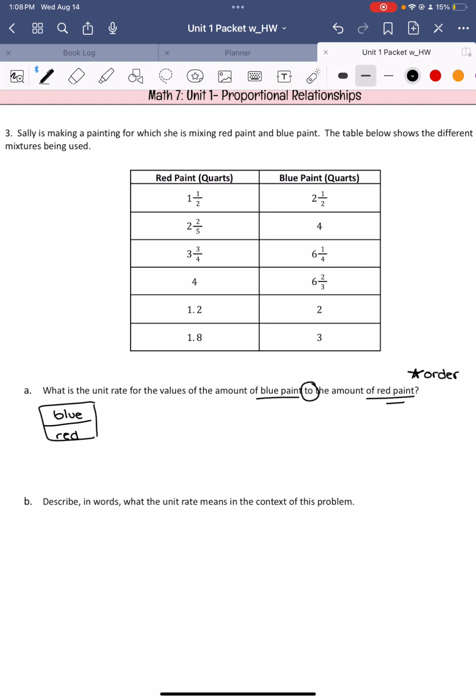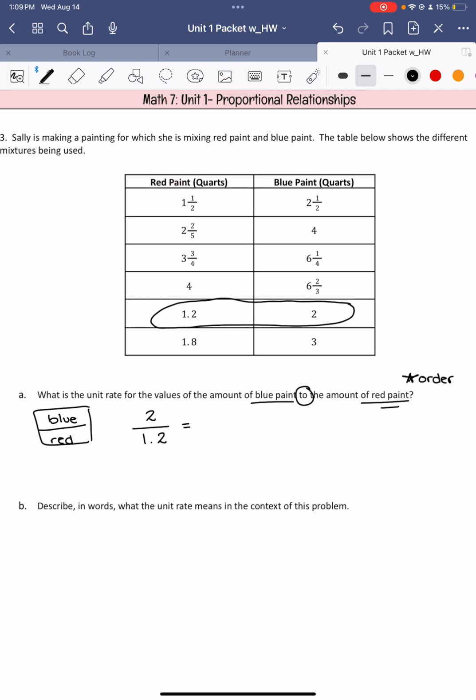Now, just like our table with Izzy and Julia, we can use any of the rows to figure out the answer. I'm going to choose the one that looks not too bad to me. So I am going to choose 1.2 and 2. So remember, blue paint goes on top. So I'm going to have 2 divided by 1.2.